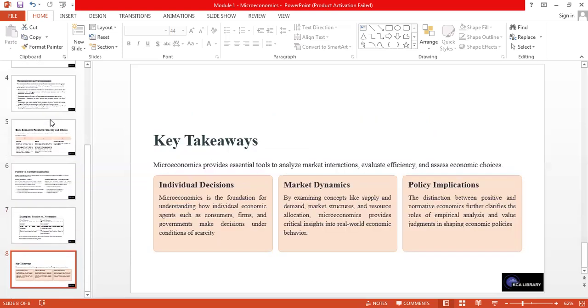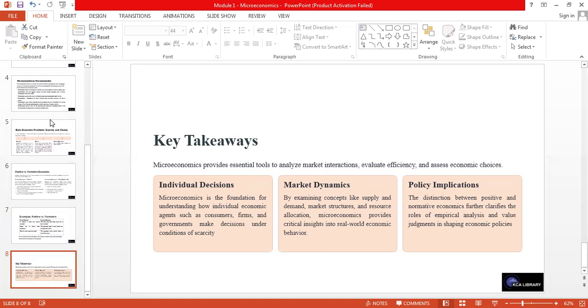In conclusion, we've been able to have an introduction into what microeconomics is. And you've seen that it provides essential tools to analyze market interaction, evaluate efficiency, and assess economic choices. We've seen how it is important in terms of individual decision making.